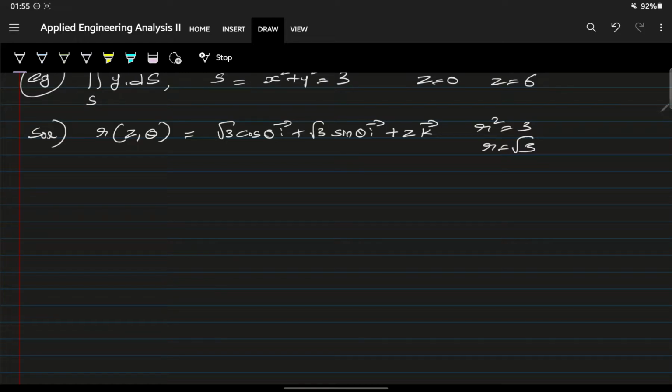We have limits for z between 0 to 6, and since it's a cylinder, the base is a circle, so theta always lies between 0 to 2 pi.